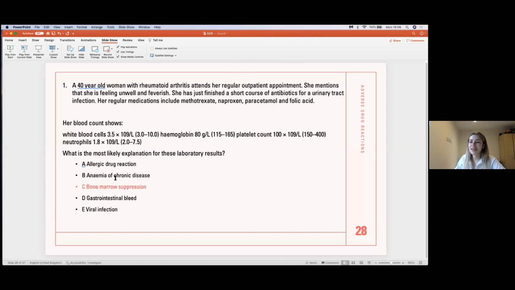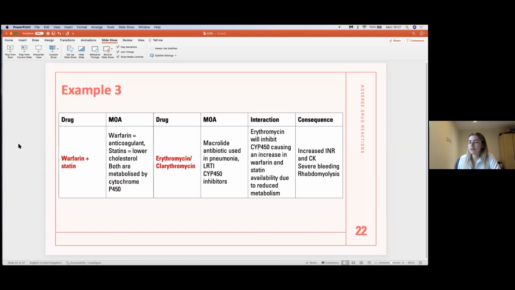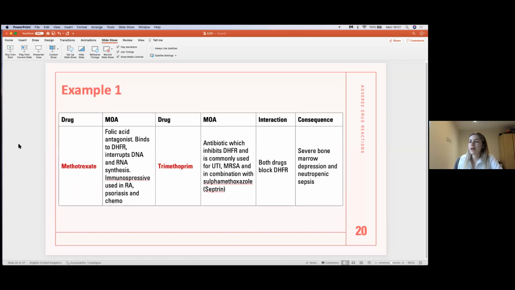Yeah, so if you said C, that's right, it's bone marrow suppression. Methotrexate and trimethoprim will cause severe bone marrow depression or suppression.